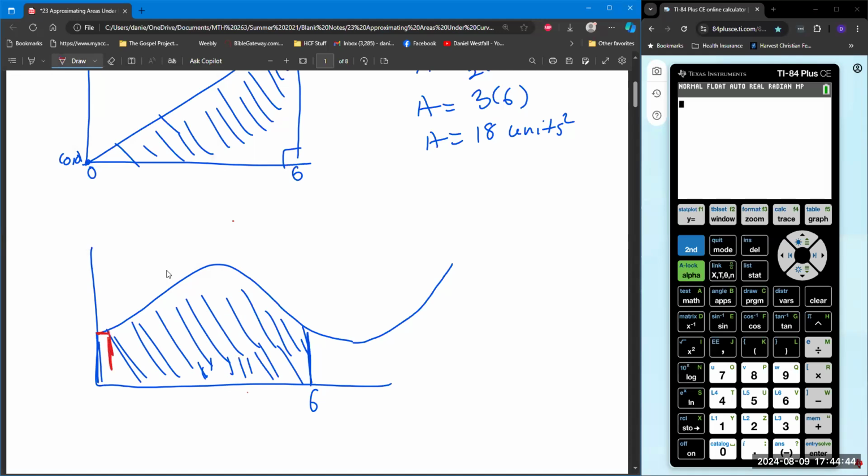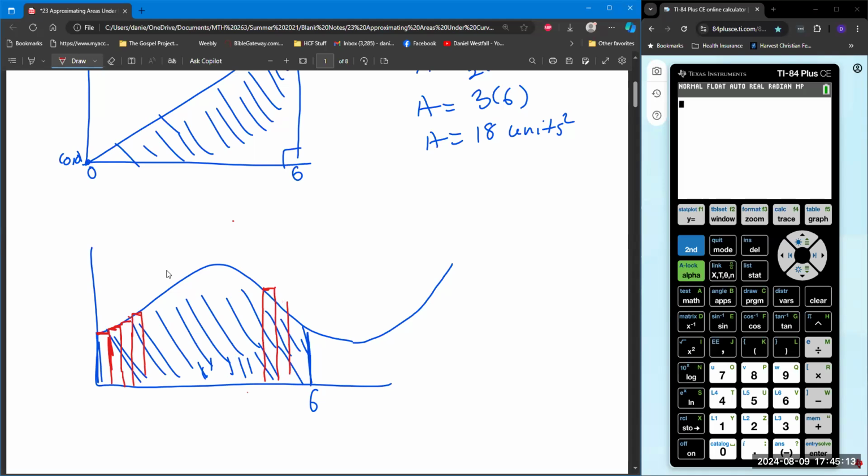So we're probably going to use rectangles and make the left side of the rectangle touch the function. See that? I can do that, and there will be some places where I'll have not enough area. There will be some places over here where there will be too much area, but hopefully they'll balance each other out.